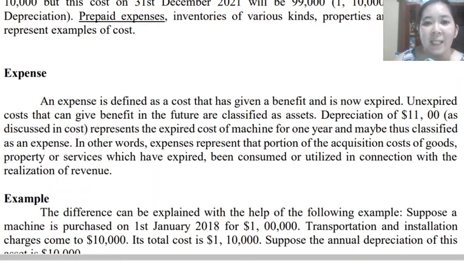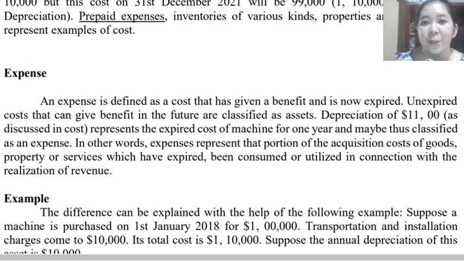What about an expense? An expense is defined as a cost that has given a benefit and is now expired, or has no future benefit. An unexpired cost that can give benefit in the future, we mentioned, will still be under the asset accounts.